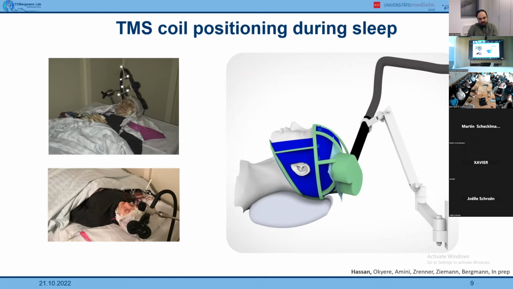But when a participant is sleeping and you are doing neuronavigated TMS, it is problematic, because you have to lock the neck of the person, and then the subject of course cannot sleep as comfortably or as long as necessary for the experiment. We are talking about at least 2 hours of sleep, and in this circumstance many people couldn't sleep for more than an hour or so.